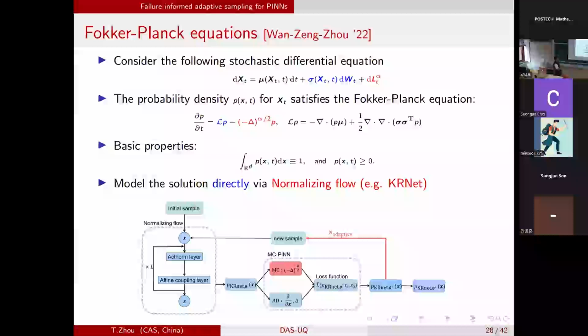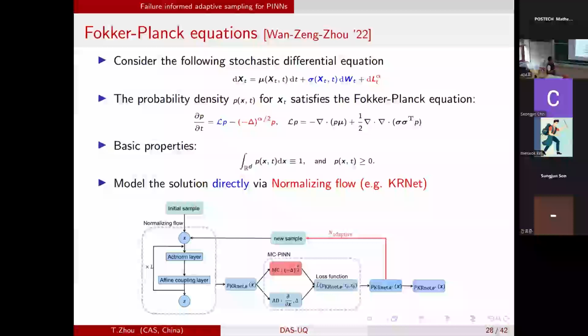So the idea for this kind of equation, this is the simplest Fokker-Planck equation, is to directly model the solution with a normalizing flow, a generative model. Normalizing flow is a specially designed neural network. It can be used to approximate the density function.